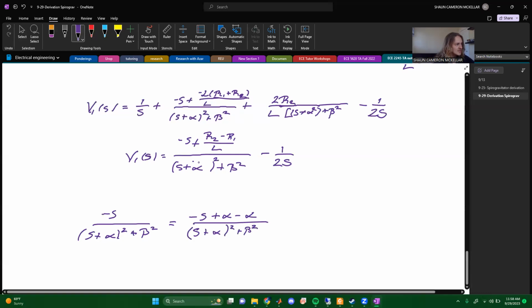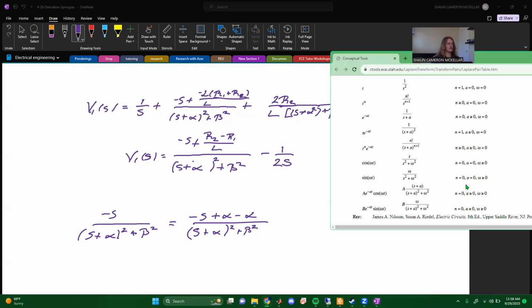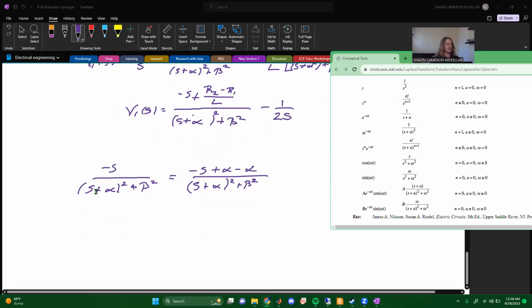And this plus alpha minus alpha is how we can get it into this cosine form. So I'll leave that up to you. Please reach out on Canvas or email to ask these questions if you're still not getting that.